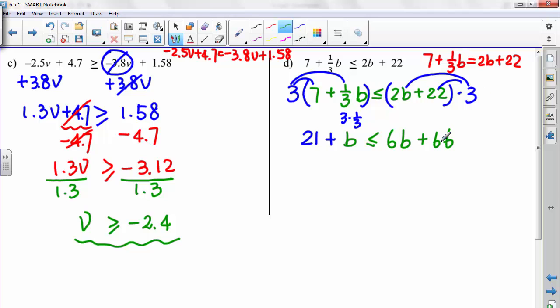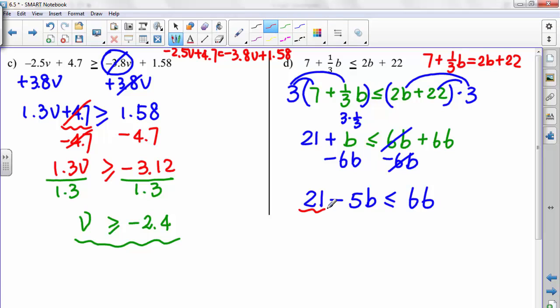So right now I have changed this inequality to one with all integral coefficients. You will still see the variable b on both sides. In most cases, we cancel the variable on the right side, so I subtract 6b from both sides. You don't need to change the sign either. Cancel these two on the right side and combine the like terms on the left side. So I will have 21 minus 5b, still less than or equal to 66.